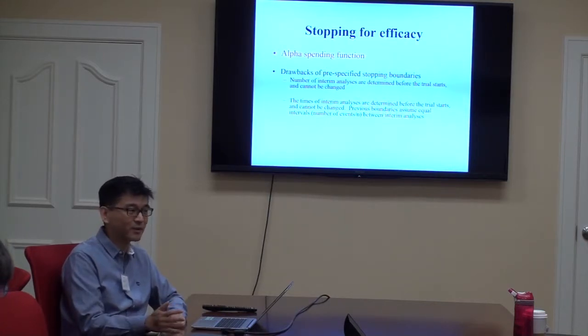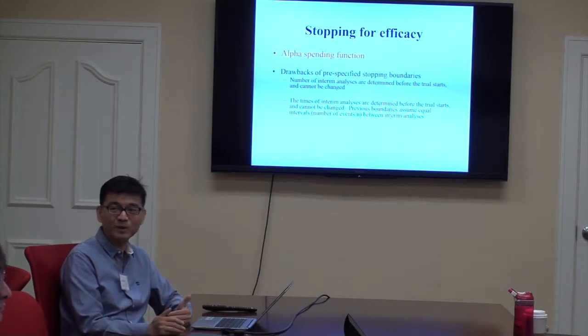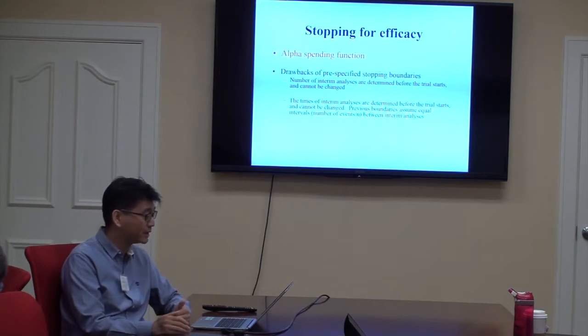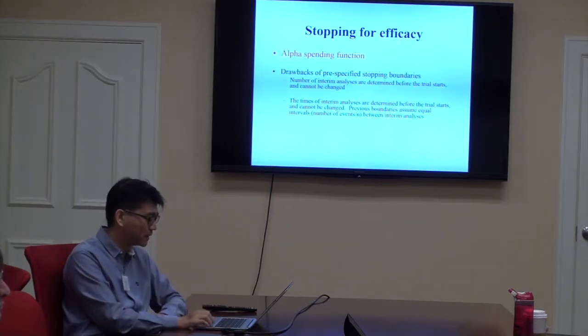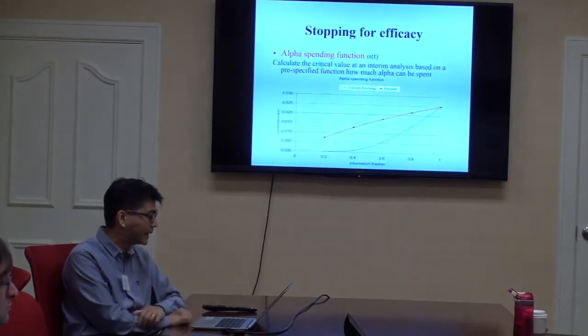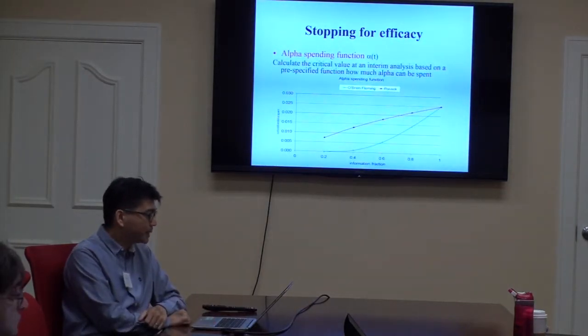Like every 6 months, but you cannot control recruitment. So maybe in the first 6 months, you have not reached the right amount of information that will trigger an interim analysis, but you want to meet anyway. So controlling the timing of interim analysis can be tricky based on information time. So you do want to have some flexibility in that regard, and that's where the alpha spending function comes in.